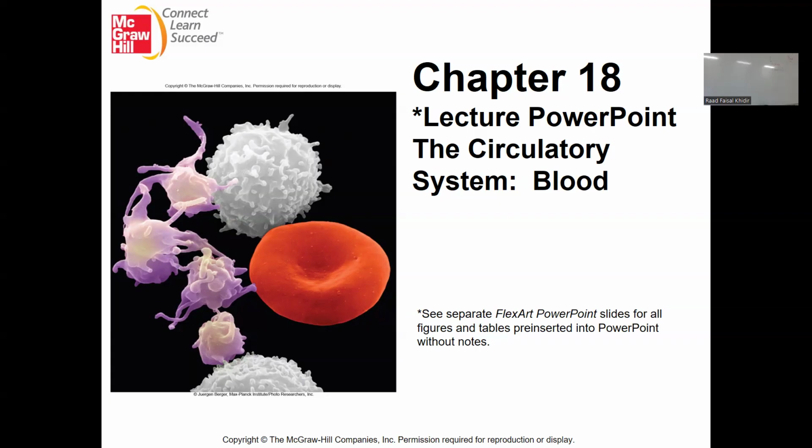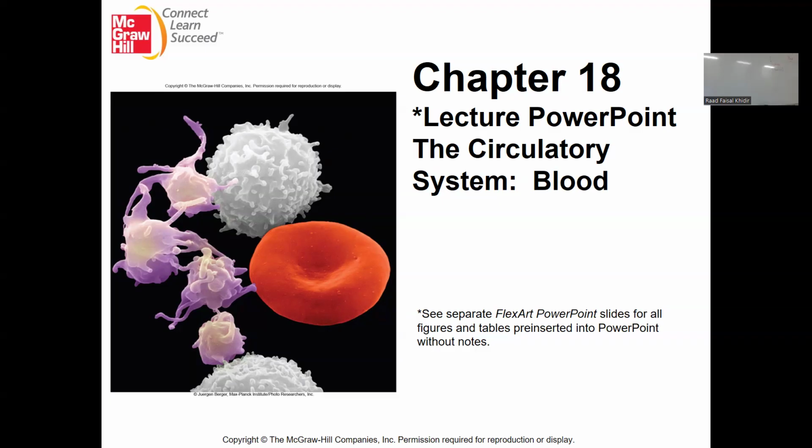Now let's describe these three layers. The bottommost layer is the layer that has the RBCs. What are RBCs? RBCs are red blood cells. So the red blood cells make up about 45% of your blood. Red blood cells have another name.